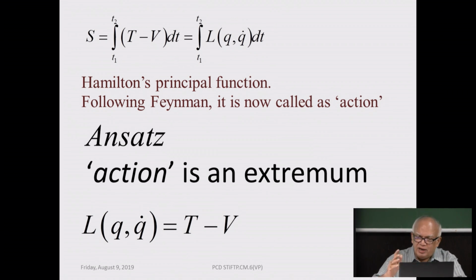So you evaluate the integral from t1 to t2 of the Lagrangian, and the Lagrangian that you make use of is T minus V. In earlier times this used to be called Hamilton's principal function, but after Feynman's formulation, it is now called action. So action is this integral of the Lagrangian over a time interval. It is a definite integral from time t1 to t2.